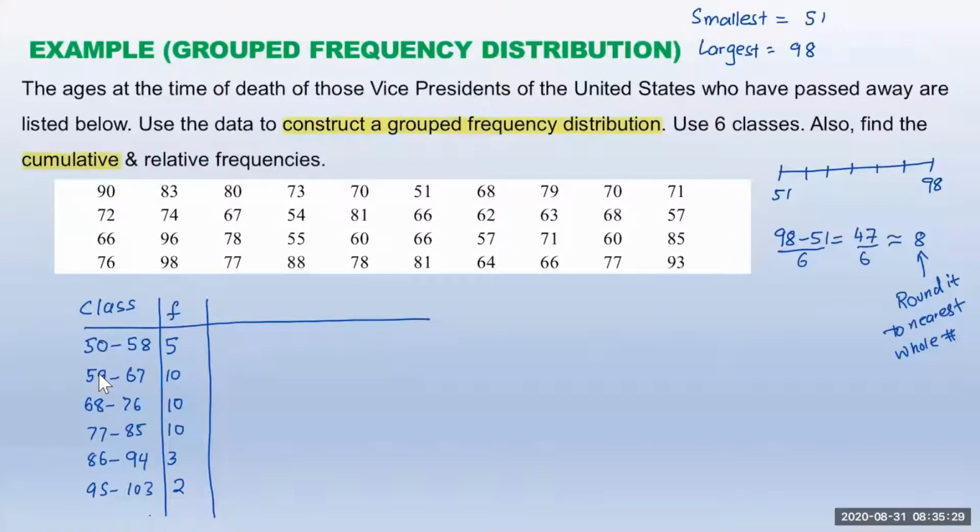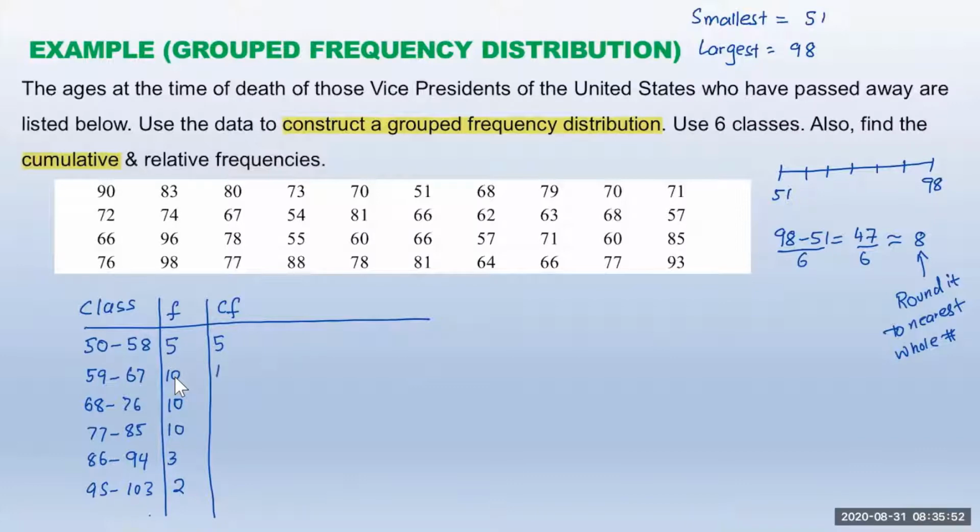Cumulative frequency, from the previous example, we know that it is the addition of the frequencies. We are accumulating the frequencies together. For the first class, the frequency is 5, so the cumulative frequency will also be 5, no doubt on that. For the next one, we add these two: 5 plus 10 is 15.